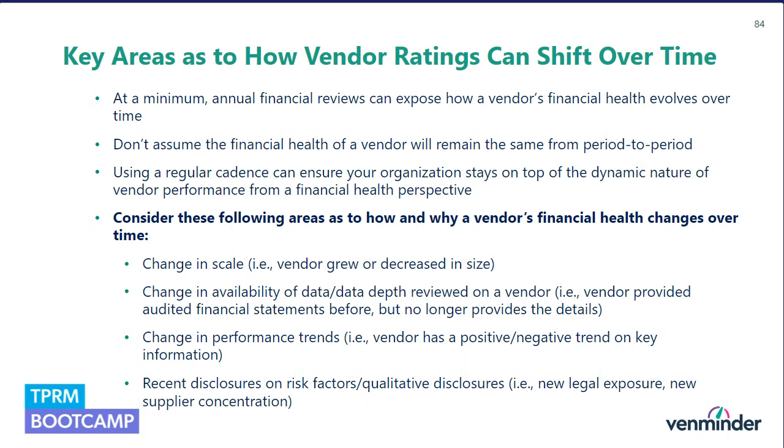And as you use a regular cadence, you'll start to improve your process and create further consistency, both with the vendor and other teams that are involved in your financial health review process internally. Consider the following areas when you're looking at vendor financial health review over time: changes in scale of that vendor, changes in availability of data and data depth, changes in performance trends, and recent disclosures that a vendor has made versus what they had done in the past.